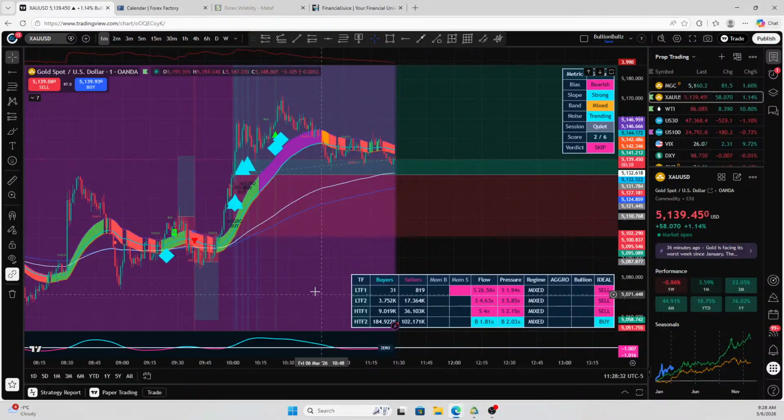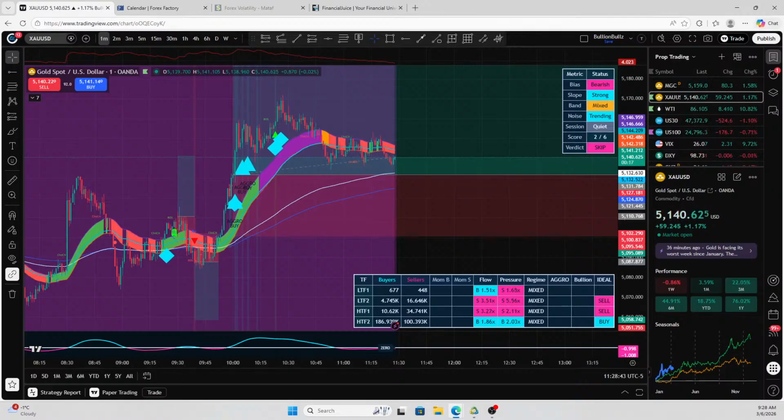Pressure is at 2.03, 2.02, still staying at 2, 2.06.